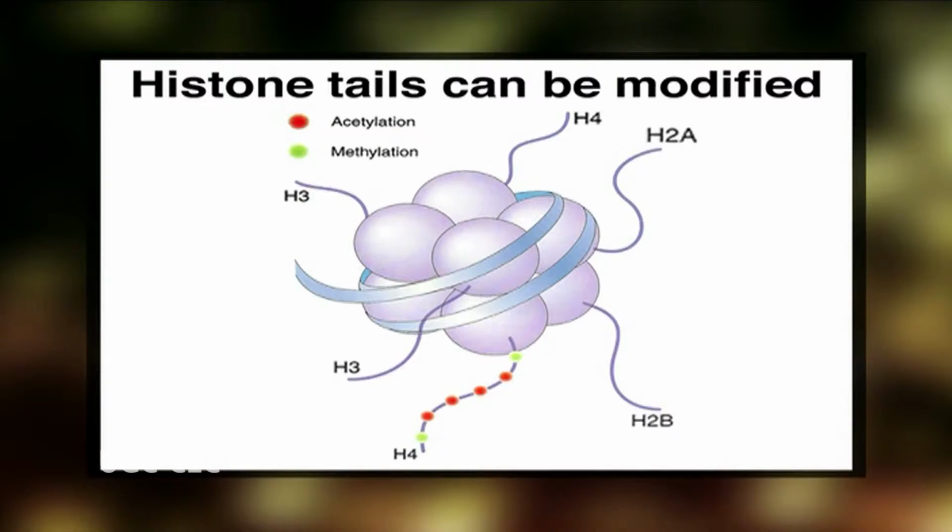In contrast, the N-terminal segment of each core histone and also the C-terminal segment of H2A takes the form of a long flexible tail that extends past the DNA helix and into the surroundings. These tails are targets of a variety of covalent modifications.